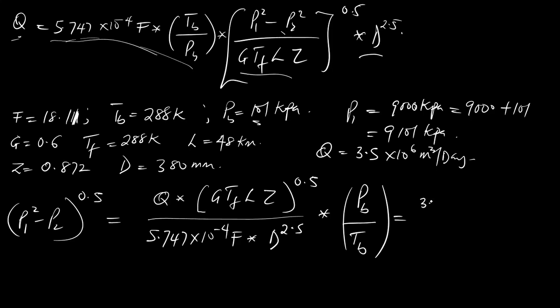So we have 3.5 times 10 raised to power 6 times bracket 0.6 times the temperature 288 times the length 48 times 0.872 all raised to power 0.5 divided by.